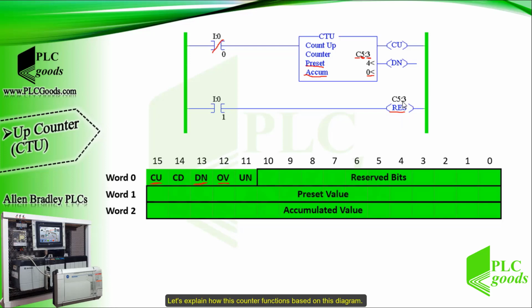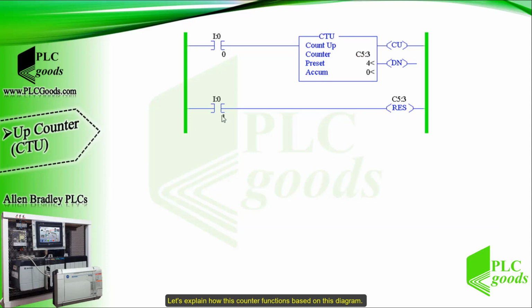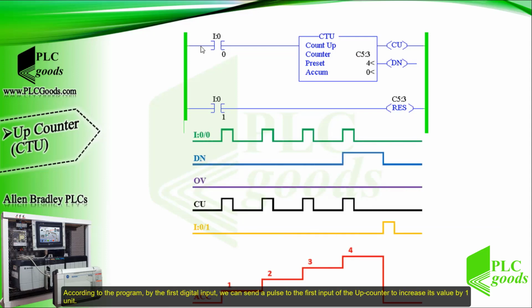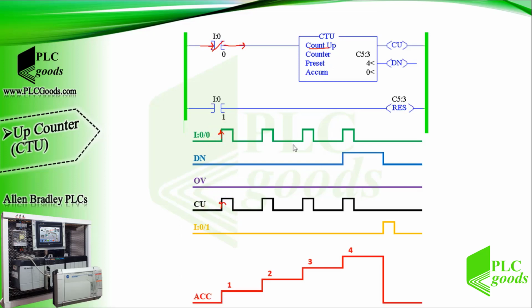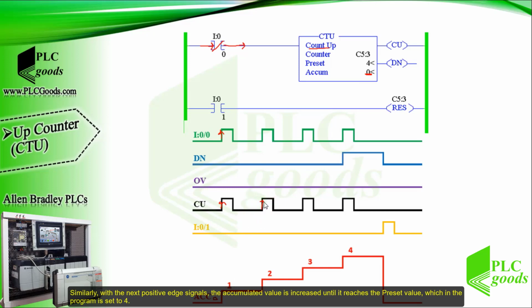Let's explain how this counter functions based on this diagram. According to the program, by the first digital input, we can send a pulse to the first input of the up counter to increase its value by 1 unit. Similarly, with the next positive edge signals, the accumulated value is increased until it reaches the preset value, which in this program is set to 4.